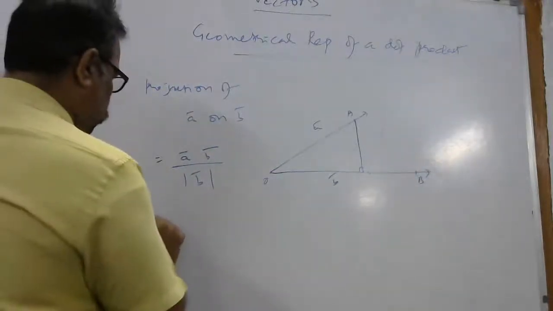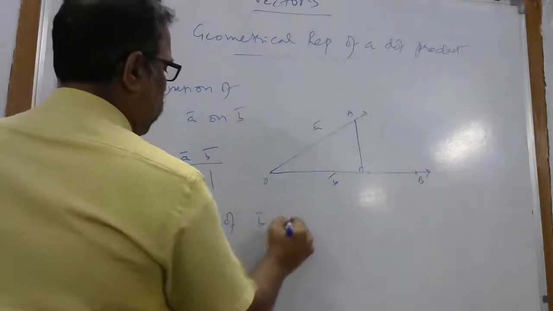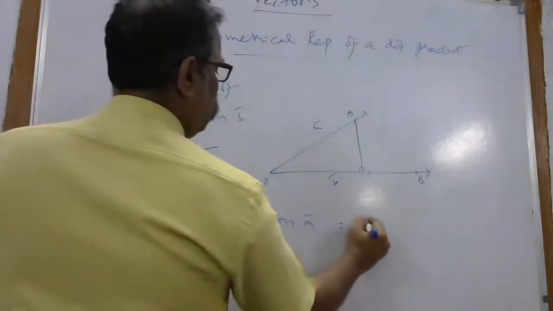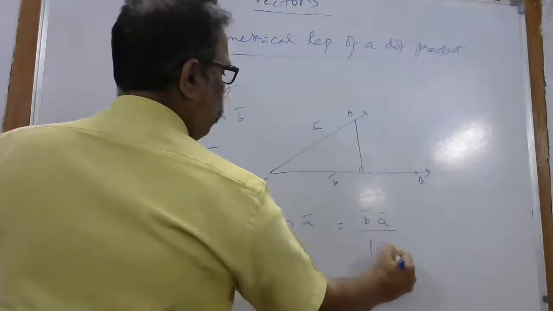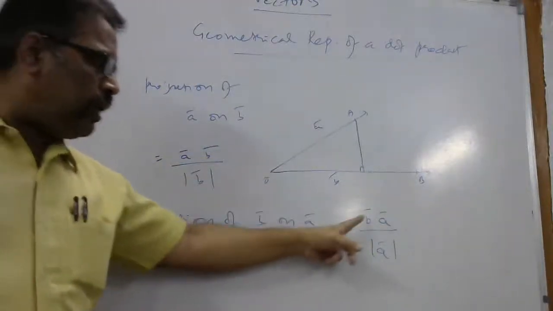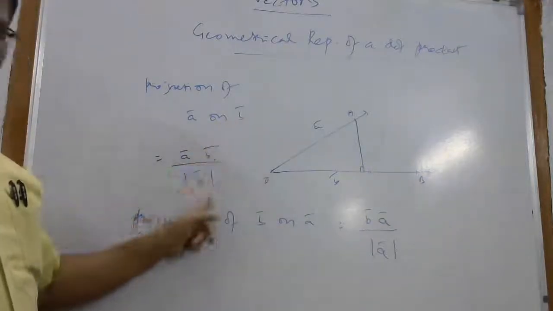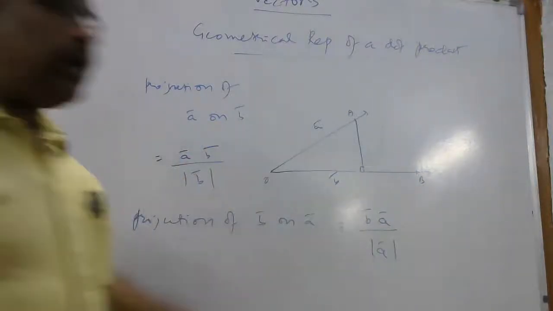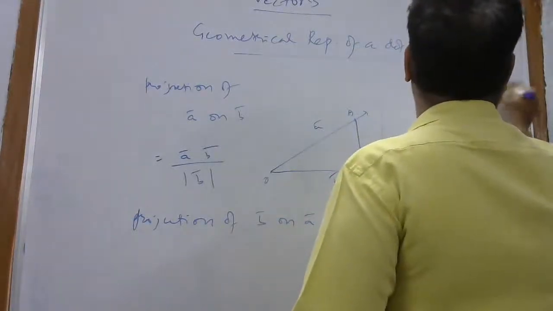Similarly, projection of b bar on a bar is equal to b bar dot a bar by mod a bar. The one falling on will be the denominator. And a bar dot b bar is equal to b bar dot a bar.